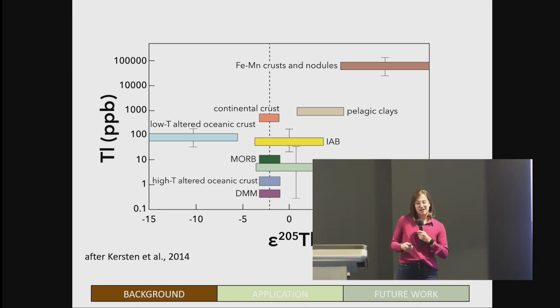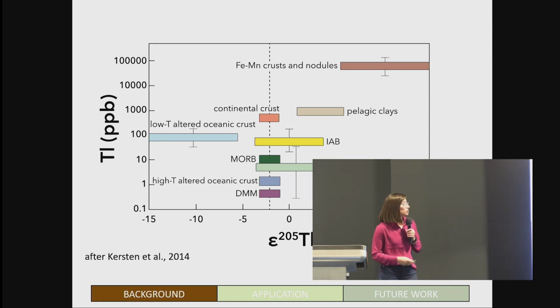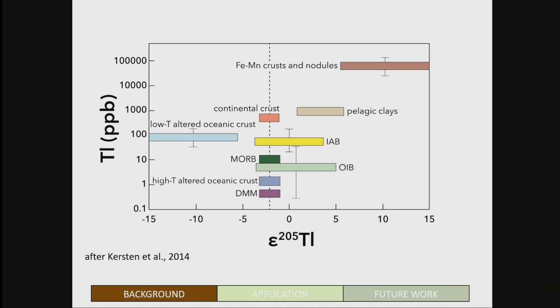And so the result of that oxidation is a very positive isotopic composition. And then we also have low temperature oceanic crust, and in general, just low temperature alteration. And so these shift things to very negative values. And so this change in redox state is a huge driver of thallium isotopic fractionation, which becomes very, very useful when we think about things like ore deposits.